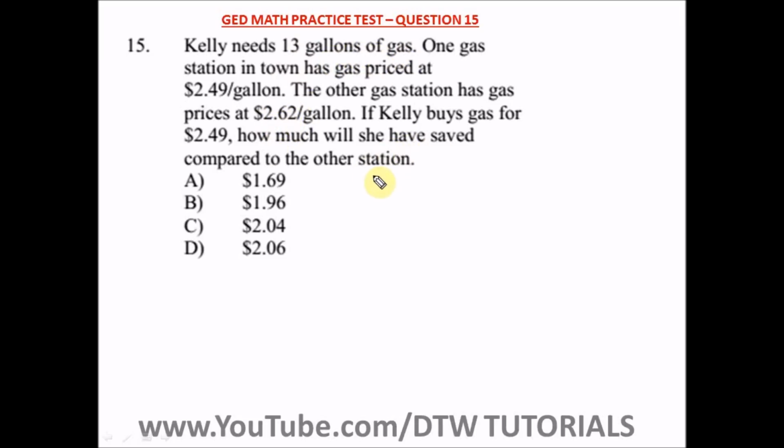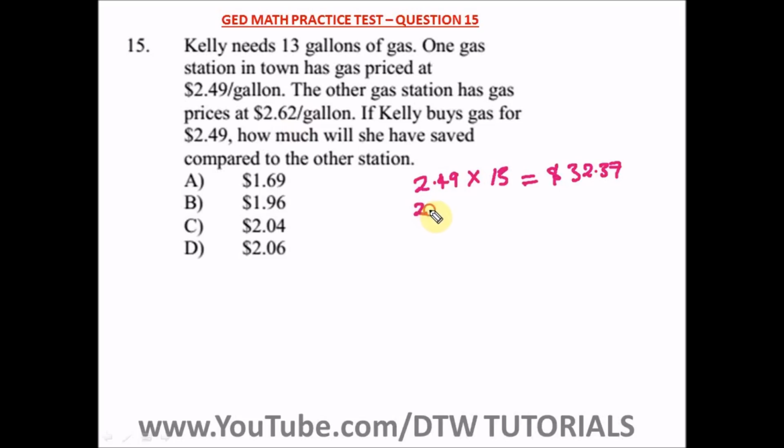So let us find that. What's the total amount she's going to pay for 13 gallons of gas at this price? So that will be $2.49 times 13. If you punch in your calculator, this is going to give us $32.37.